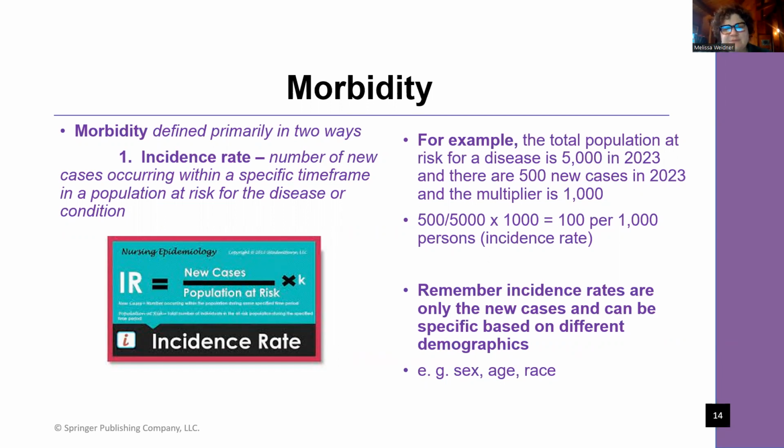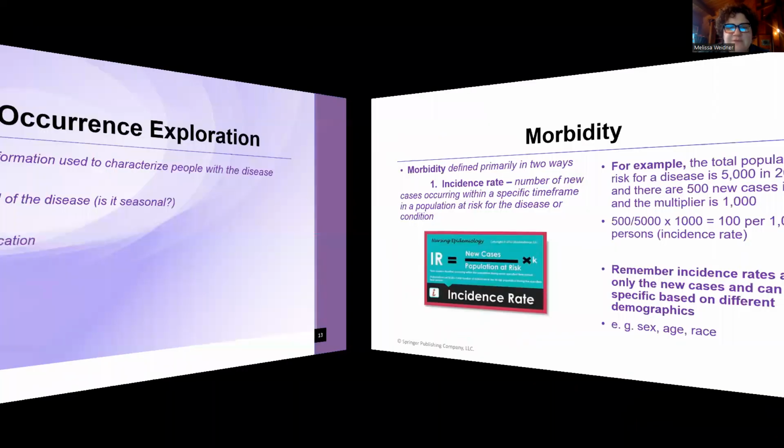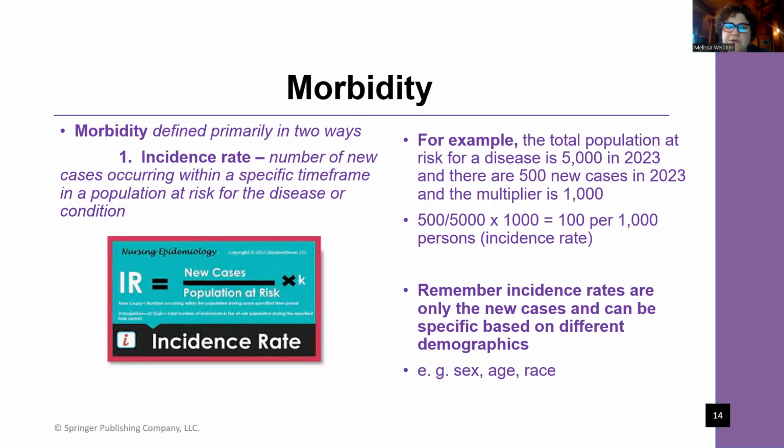And you will see sometimes that multiplier can change. Sometimes you'll see it as 1,000, sometimes you'll see it as 100,000. It really is just variable on the amount of people that you're trying to make the incidence rate for. In this case, we're going to use 1,000. So the incidence rate is the number of new cases divided by the population at risk times 1,000.